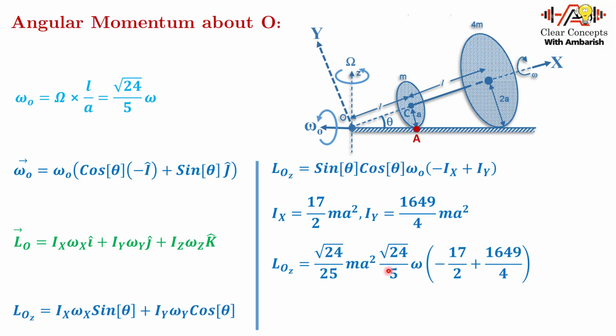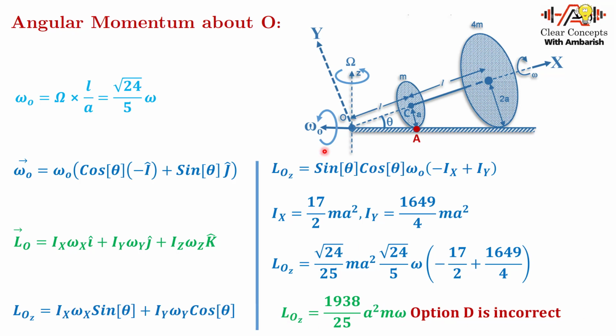For Ix plus Iy, you can take ma square common outside, and this is minus 17 by 2 plus 1649 by 4. So L about Z comes out to be 1938 by 25 a square m omega. So that's the z component of the angular momentum. And obviously this is not what option D says. Option D gives some other value, so option D is incorrect.